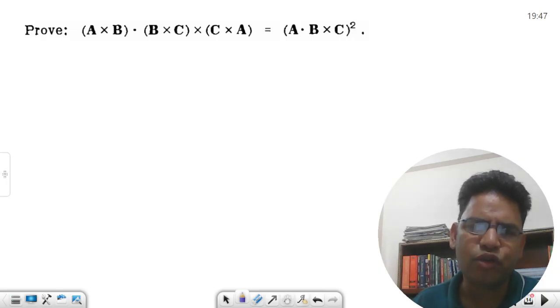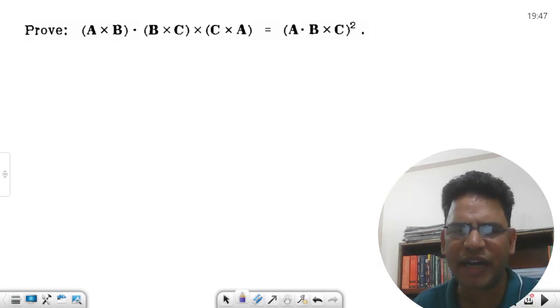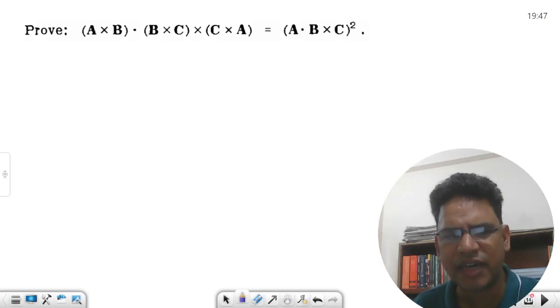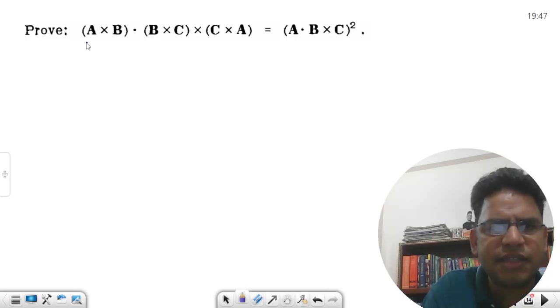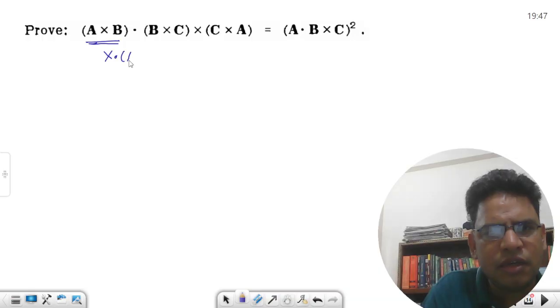So again whenever you have a cross b, you consider it x times something, and once you have this kind of thing, I think finally you can identify, okay. So if you want me to help you guys, this is, let's say, x vector dot b cross c vector cross c cross a.